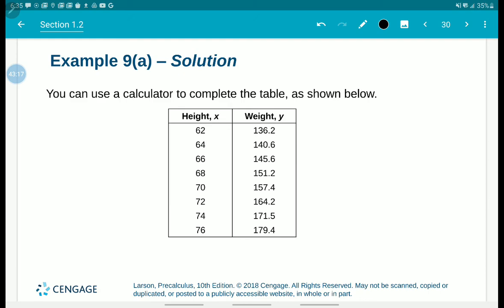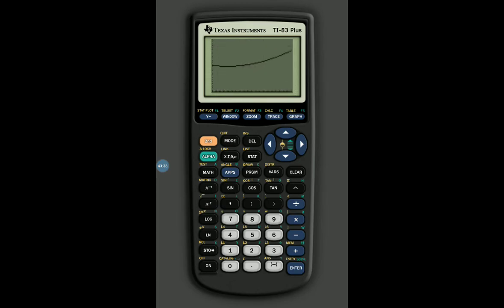Now, they're asking us to estimate what the value would be at 71. So we could take all this, we could plot it on a Cartesian plane, we could do it in Desmos, we could do it in GeoGebra. We've got it on the calculator already, so I'm just going to pull my calculator back up. I need to find 71.